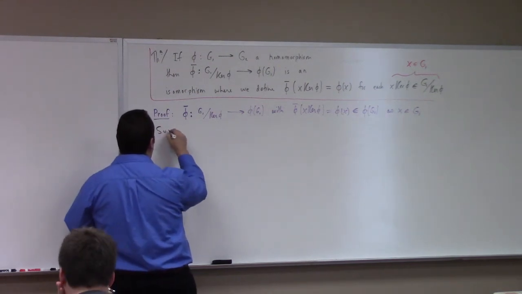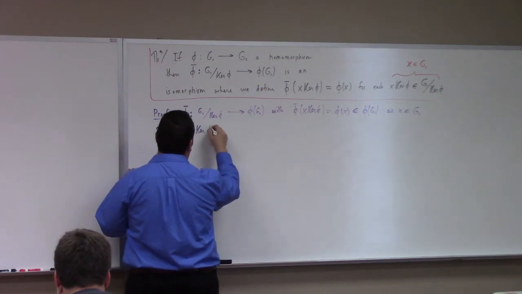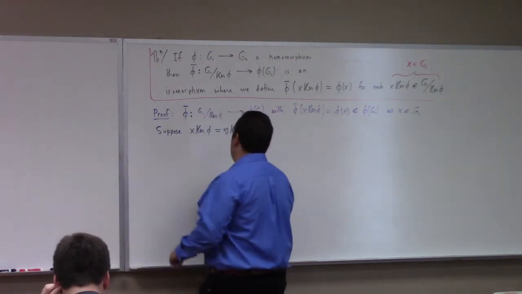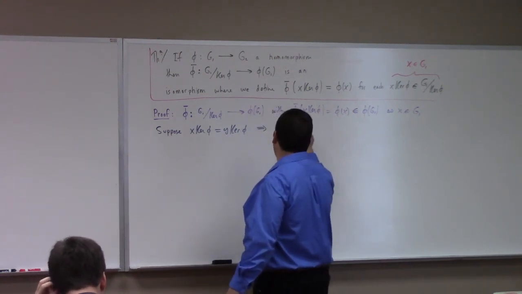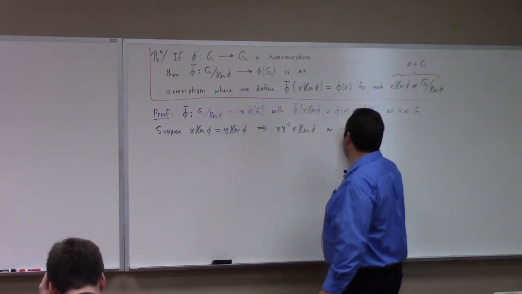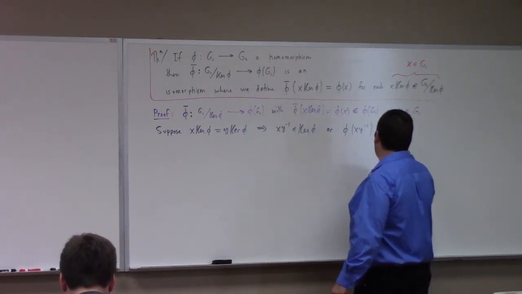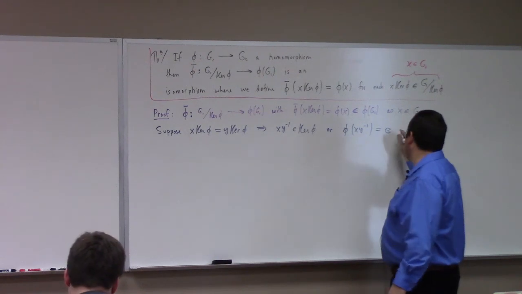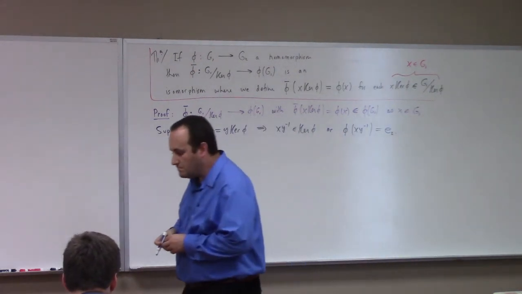Suppose that x kernel phi is equal to y kernel phi. What's that mean? That means that x y inverse is an element of the kernel of phi, or simply that phi of x y inverse is equal to the identity. It's the identity in the second group.